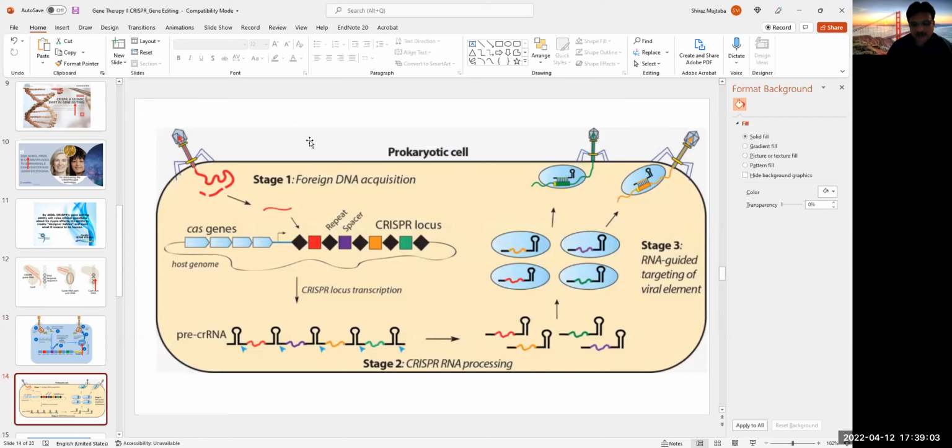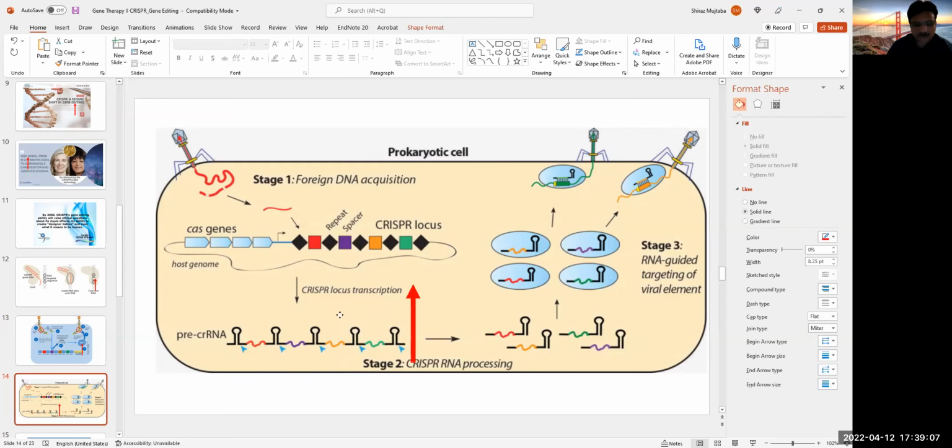This is a little bit more in detail, but it's the same thing. This is a CRISPR-Cas9 locus. These are Cas genes. These are various spacers, which represent the bacteriophage DNA, interspersed with some repeats, which are palindromic, and they serve as a memory.